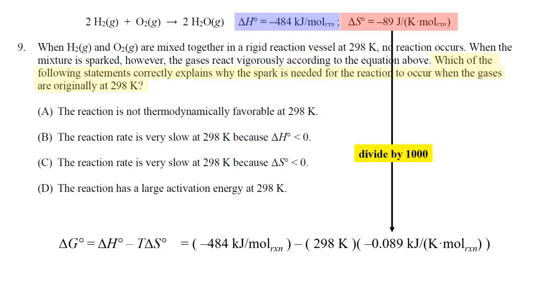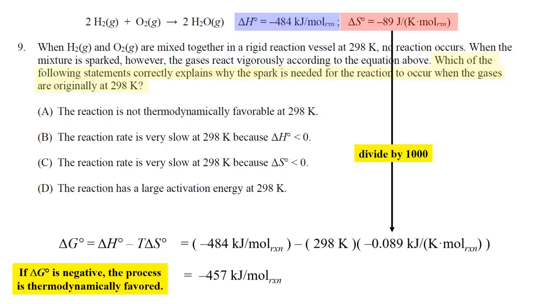Again, I changed that value of delta S into kilojoules by dividing by 1,000. So when I do that math of negative 484 minus the product of 298 times negative 0.089, I get that delta G has a value of negative 457 kilojoules per mole of reaction. Delta G is negative. The process is thermodynamically favored.